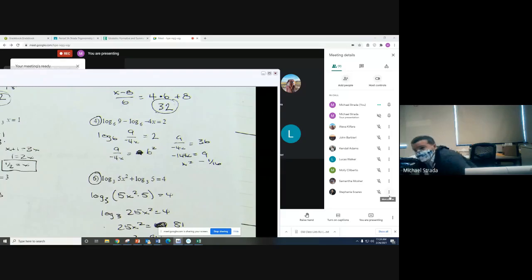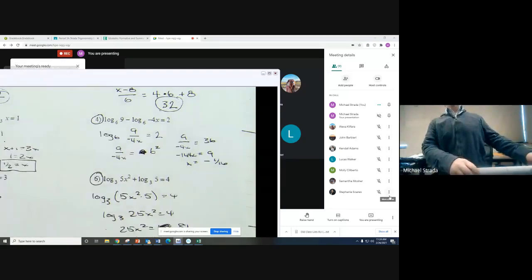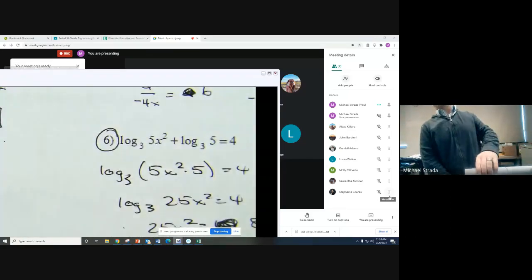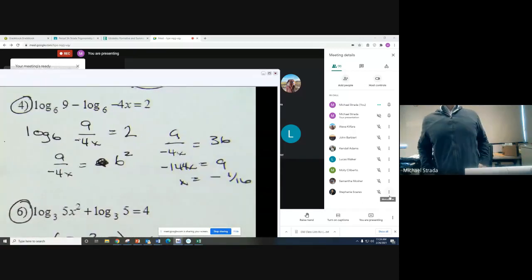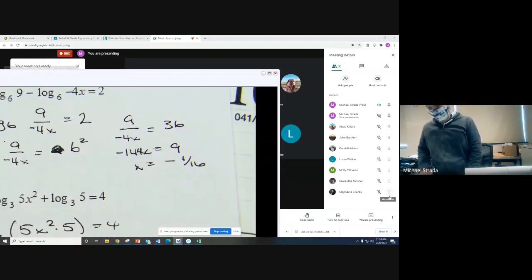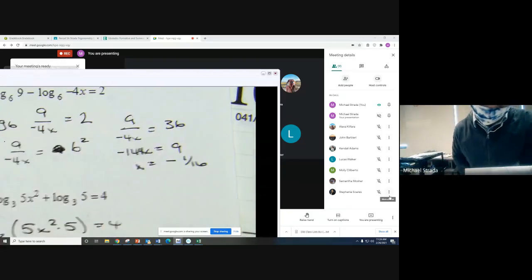Yes, ma'am. For number 4, can't you, when you have 9 over negative 4, reduce it so it's 9 over negative 1, and then x equals negative? I'm going to tell you this instead, if you want to do it that way in terms of reducing.